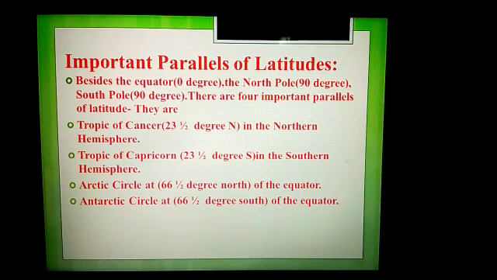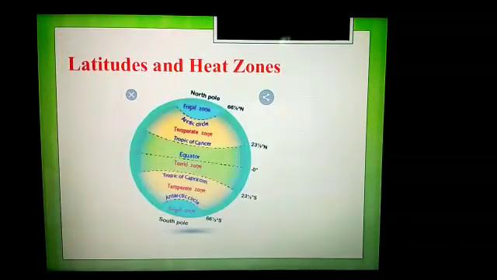The Arctic Circle is at 66 1/2 degree north of the equator, and the Antarctic Circle at 66 1/2 degree south of the equator. These are important parallels of latitude. Children, you can see this in the picture, right? In this diagram, you can see the Tropic of Cancer and Tropic of Capricorn; all these are important parallels of latitude.